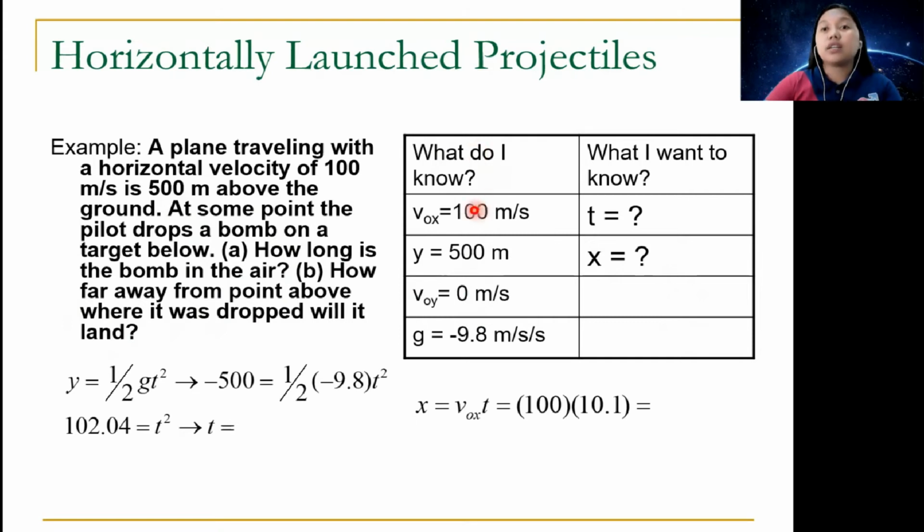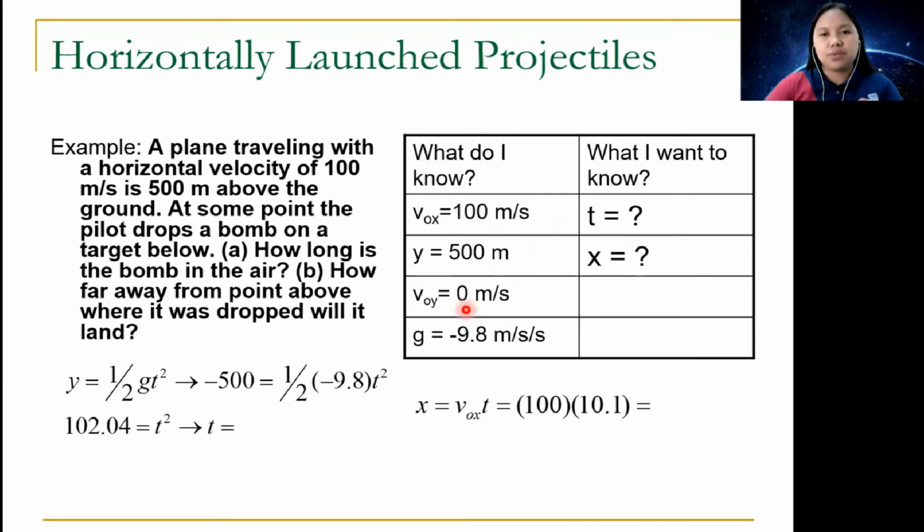So what do I know? Alright, we have 100 meters per second, which is the x component, the horizontal velocity. And the y, which is the distance, is 500 meters, and the y component, which is the vertical velocity, is equivalent to 0.